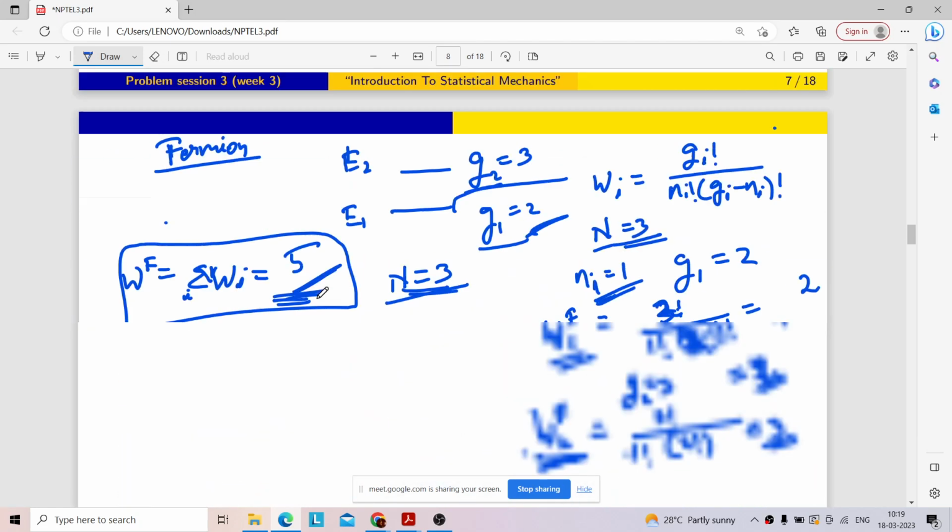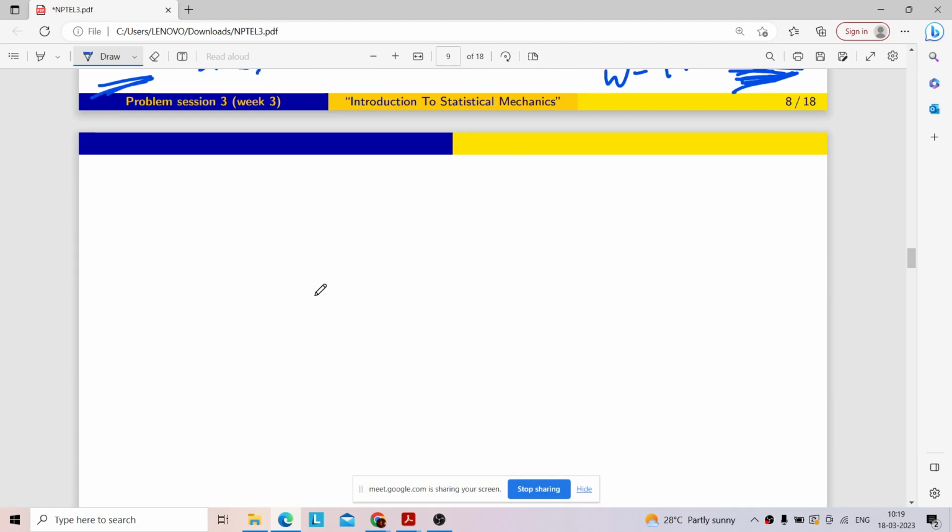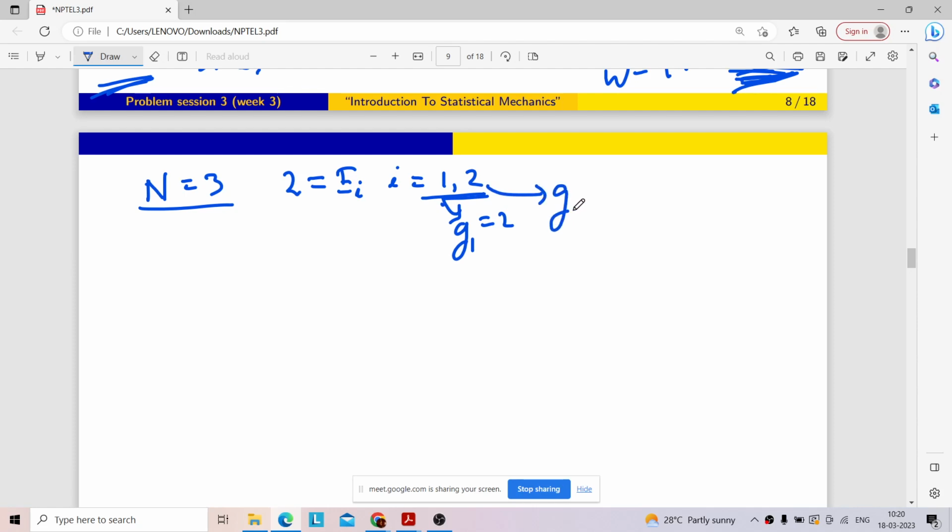For this, now, the question is, we have a total number of particles as 3, and we have two energy states Ei, where i goes from 1 to 2, and the first energy state has degeneracy G1 is 2, and the second energy state has degeneracy as 3.